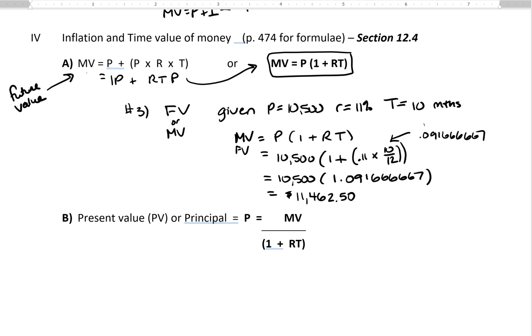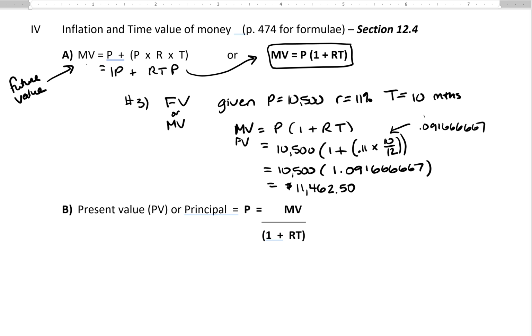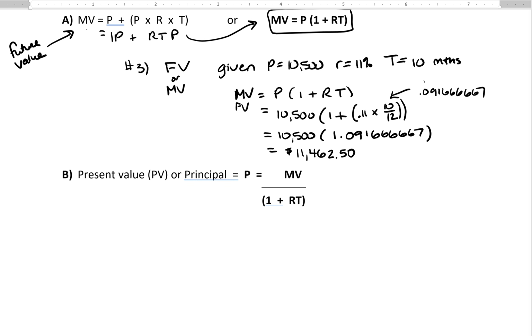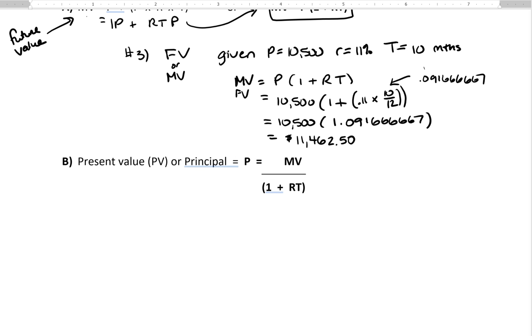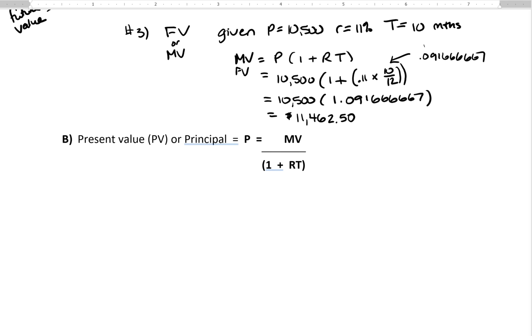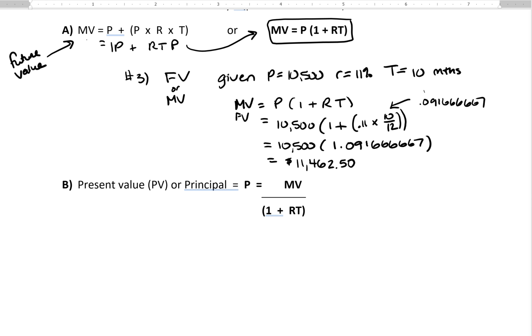And that would be the future value, maturity value of $10,500 at 11% interest for 10 months. Or we could think of that as if I were doing an investment, what would I have in my investment account if I set aside $10,500 today and it earned 11% interest and I let it sit there for 10 months? I would have $11,462.50 in my account.